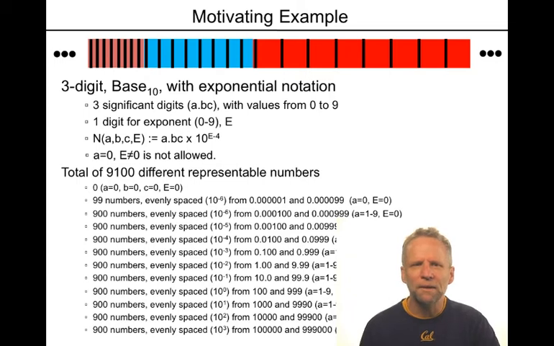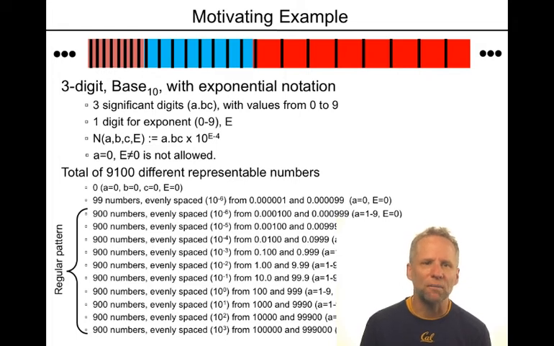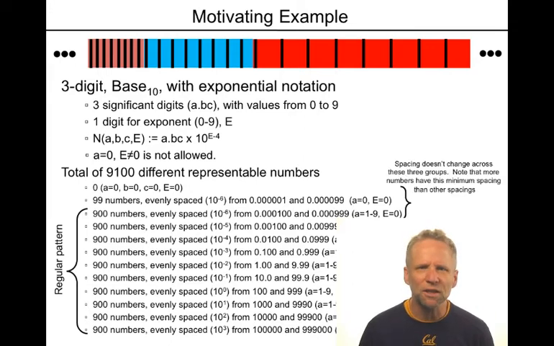So what you can see is there's a real regular pattern over most of the range. It's always 900 numbers evenly spaced from a starting point to an ending point. That happens not over the entire range, but over quite a large range. Then there's a little chunk at the beginning which is a little different. The 0, those 99, and then the next 900, those 1,000 numbers all have exactly the same spacing between them.